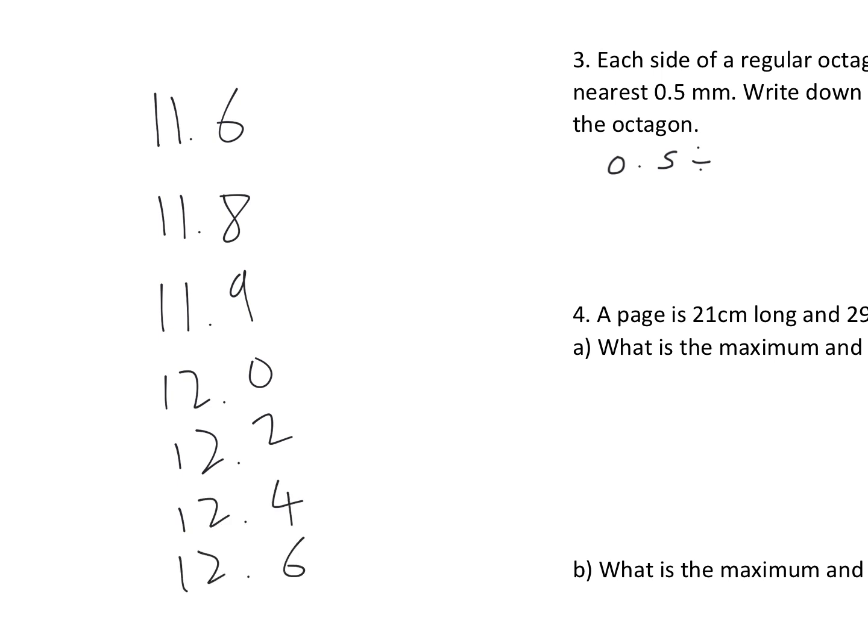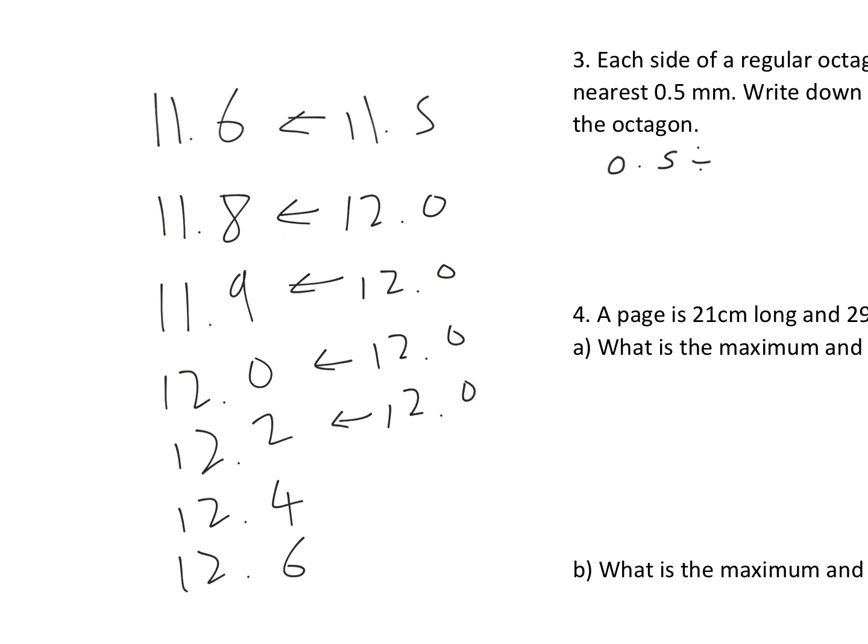If we're rounding to the nearest 0.5, this would be 11.5. This would be closer to 12. This would be closer to 12. This is obviously still 12. Still 12. This one wouldn't round down to 12. It's closer to 12.5. And this one's also closer to 12.5. So that's what rounding to the nearest half a millimetre is.